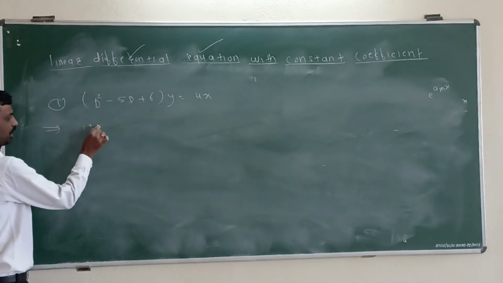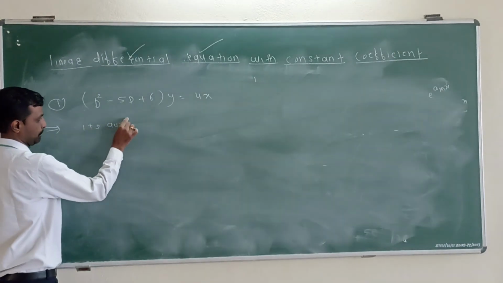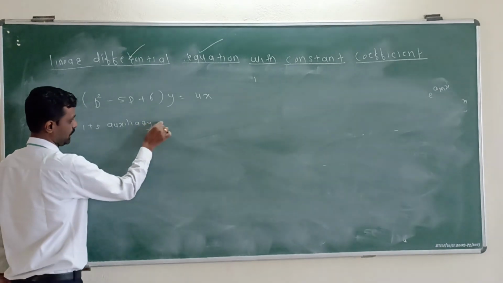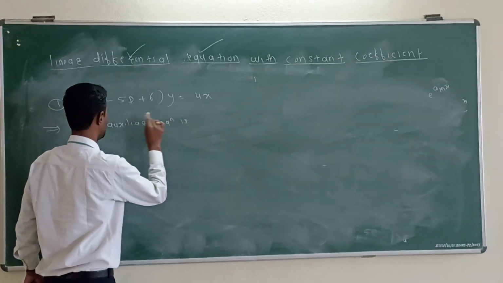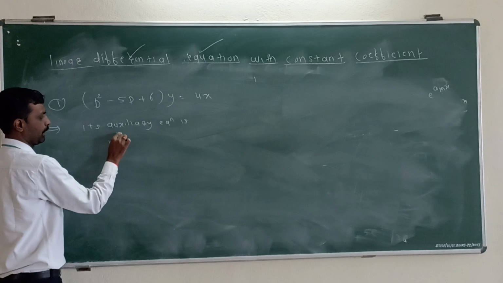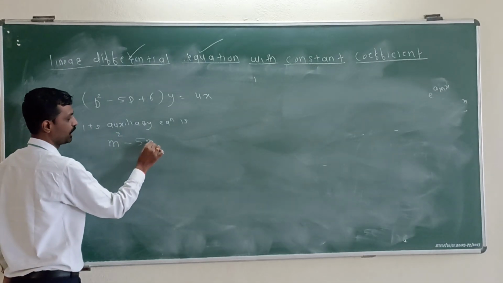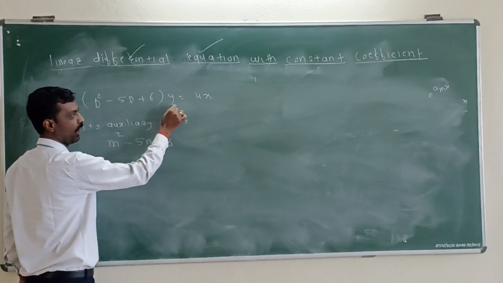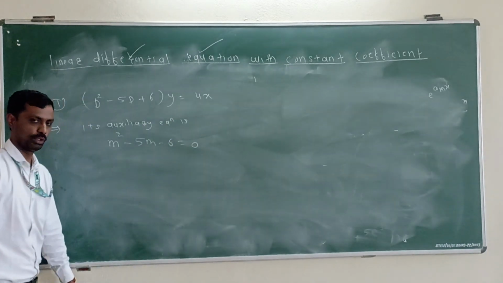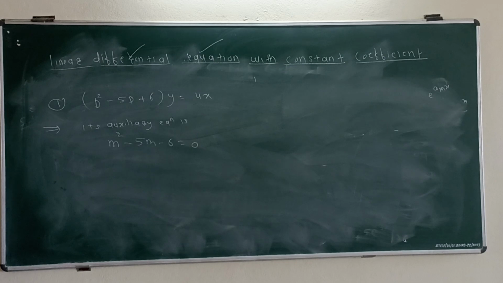Its auxiliary equation is, instead of D, write m square, or keep D as it is, no problem, m square minus 5m plus 6. Don't take y, and take the right-hand side equal to 0. Just find the roots of this equation.